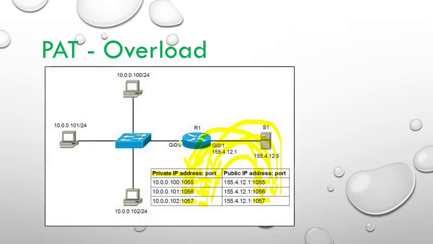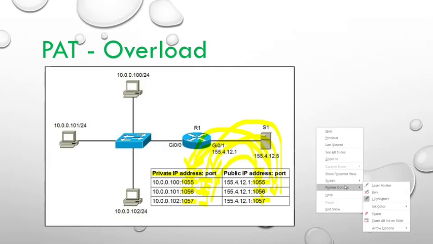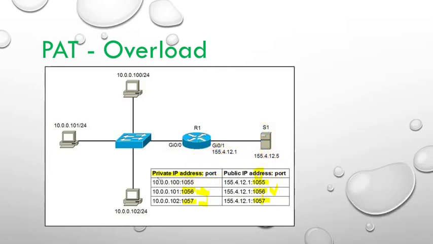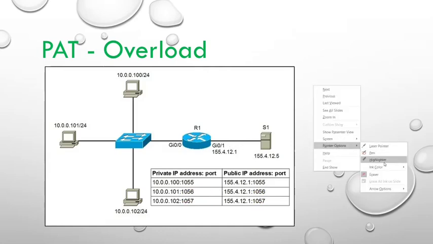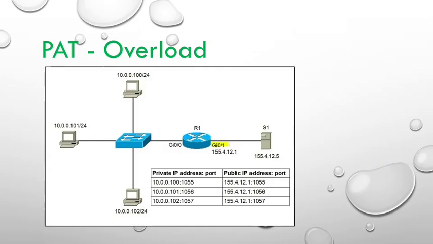So, this one, gigabit 0/0 and gigabit 0/1. This is for the private. Let me just clear the screen. Okay. So, in this case, gigabit 0/1 uses IP 155.4.12.1 and it matches to a specific IP address with the range 10.0.0, okay, 100 to 102, okay, with its specific port numbers assigned.